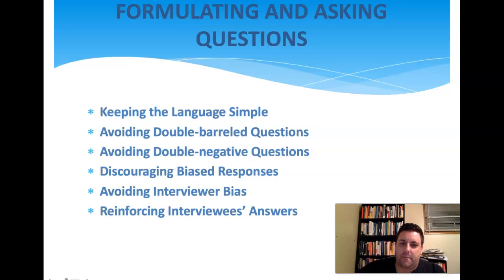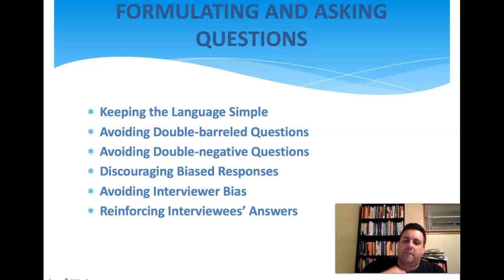You never want to ask biased questions. So something like, you do support limits to immigration, don't you? That's inviting a particular response, and you certainly don't want to do that. And then you really want to avoid interview bias.